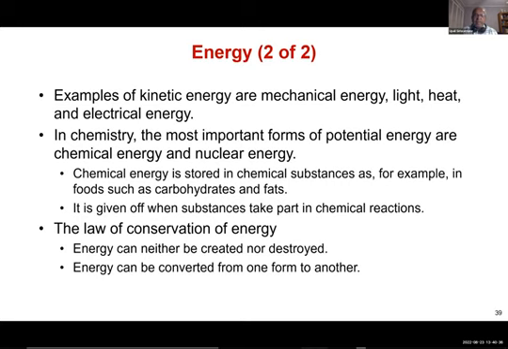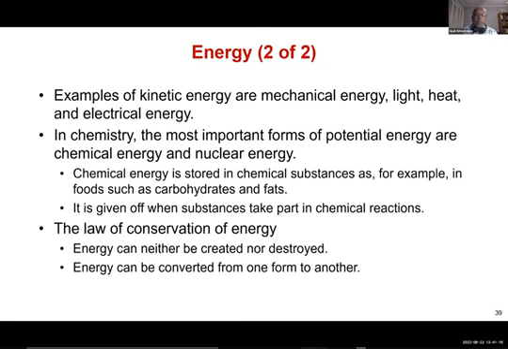Stored chemical energy is the main source of energy that we use to do our daily routines. Chemical energy is a potential energy that is given off in a chemical reaction. If you burn carbon with oxygen, it produces carbon dioxide and energy.